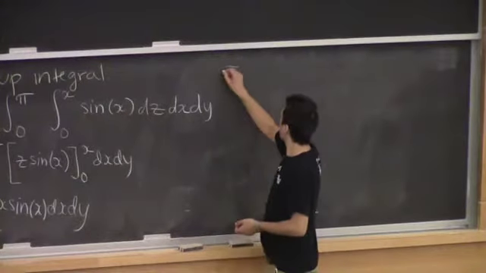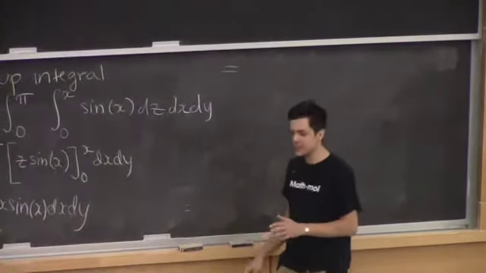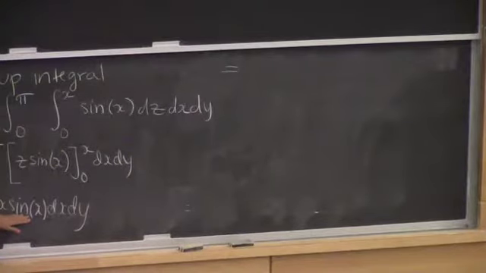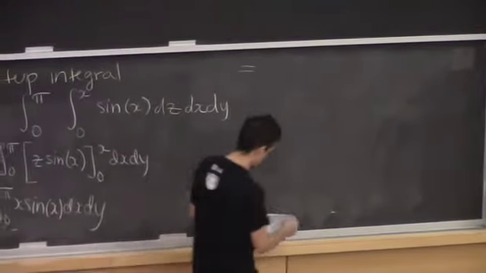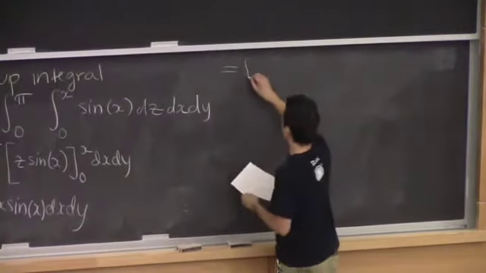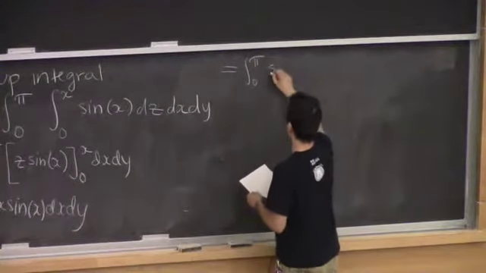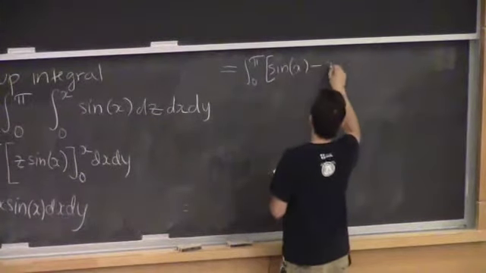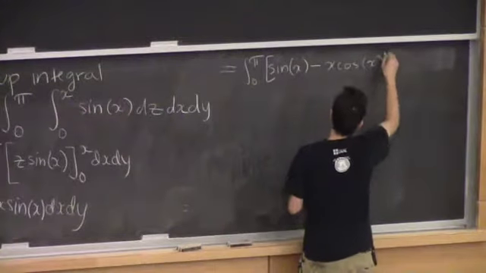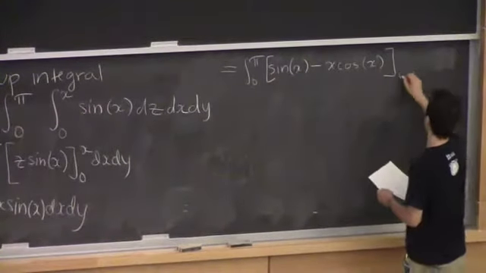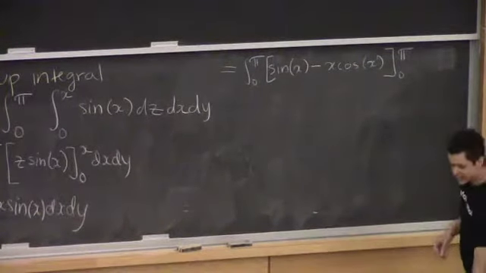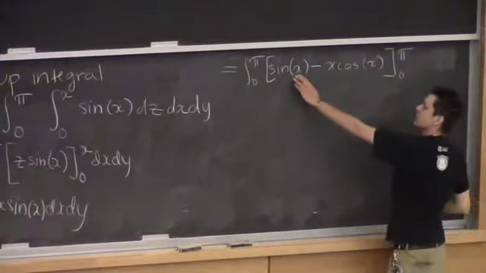Okay, so this is an integral that requires a little bit of doing. So I'm going to skip over the exact details of how to integrate this. The tool that we use here is integration by parts. Okay, so if we take the derivative of this guy, we'll get a cos.